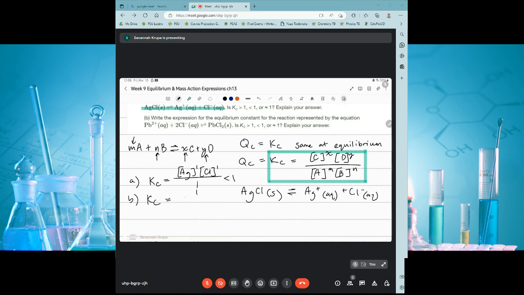So that'll be a 1 divided by the reactants. So that's the Pb2 plus, and then multiplied by the Cl minus raised to the power of 2. And that is raised to the power of 2 because there is a 2 coefficient on this chlorine ion right there.